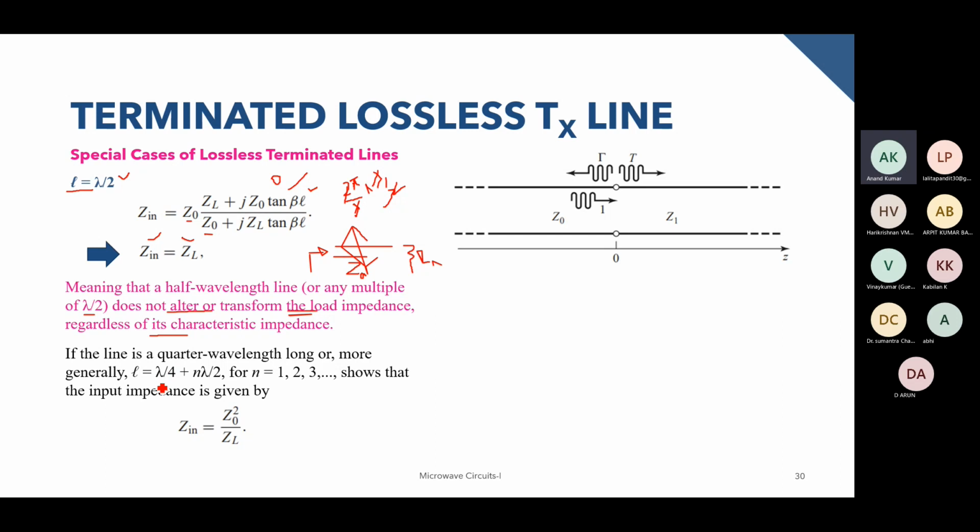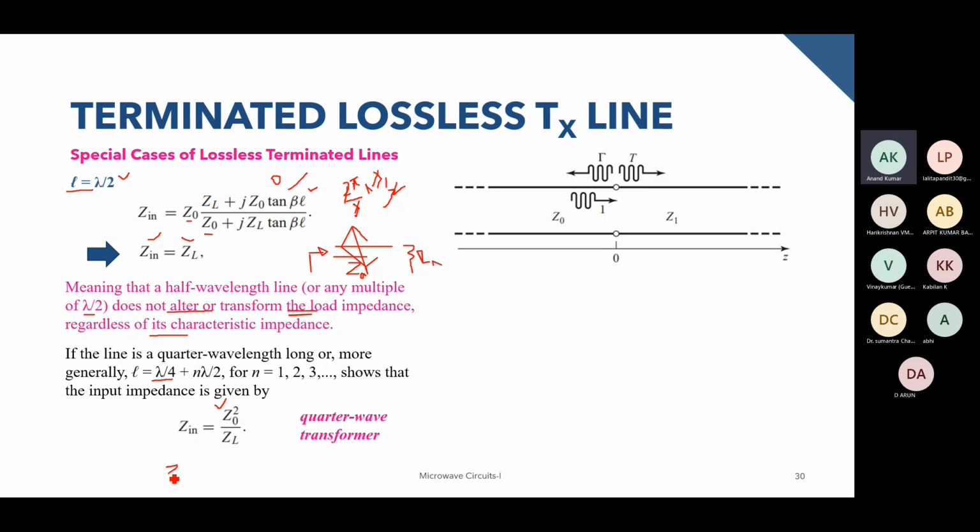And what if it becomes lambda by 4 or any odd multiple of lambda by 4? This expression reduces to Z naught squared by ZL. We popularly use this for impedance matching, and we call this a quarter wave transformer.